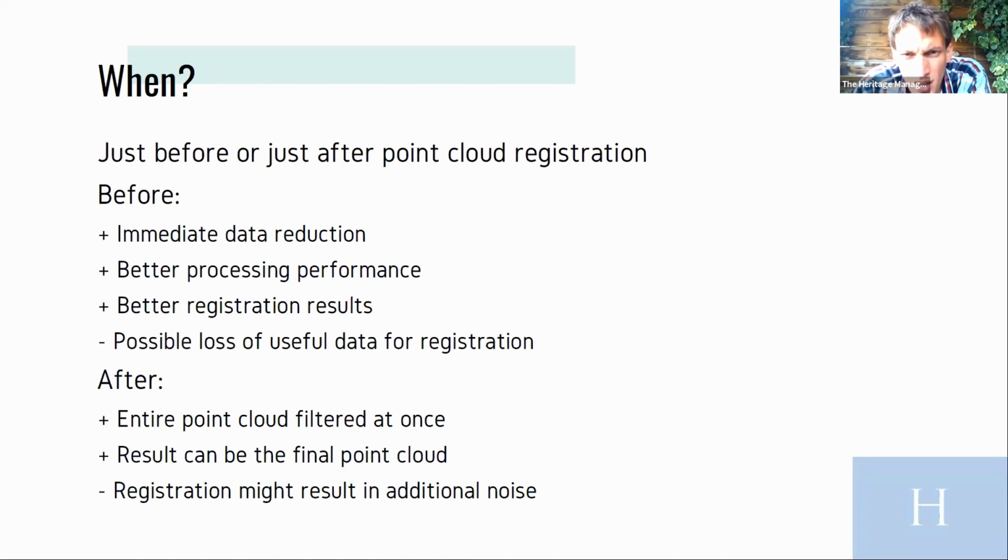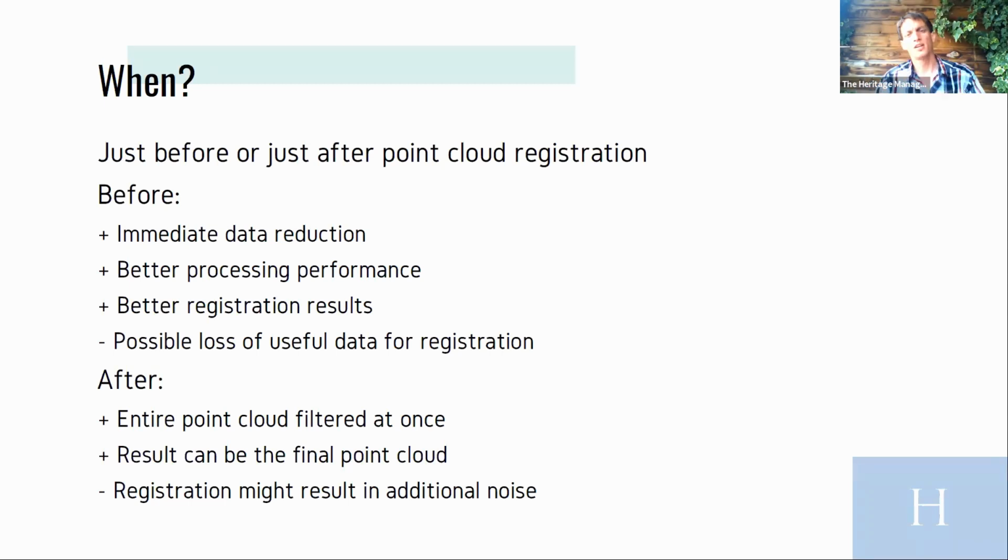For example, this does not hold for target-based registration, but if you're working with a cloud-to-cloud registration and you have moving objects or noise in your data, there is a possibility that the cloud is aligned based on these noisy data or moving objects or artifacts. So especially when working with cloud-to-cloud registration, it is a good thing to do some pre-filtering of your point clouds.